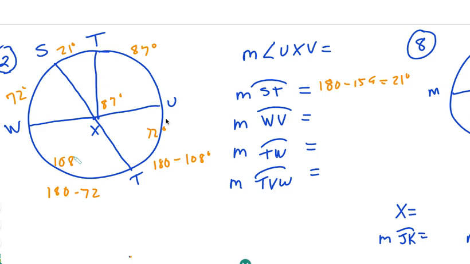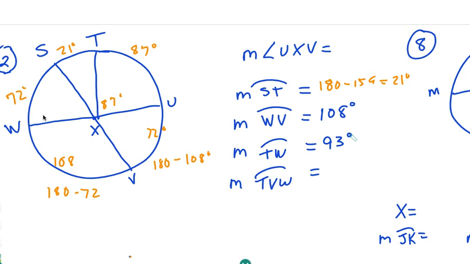Let me fix this. It should be a V. Now that makes more sense. Okay, so WV is going to be 108. TW is going to be 93. Again, I would just add these two arcs together to get my 93.